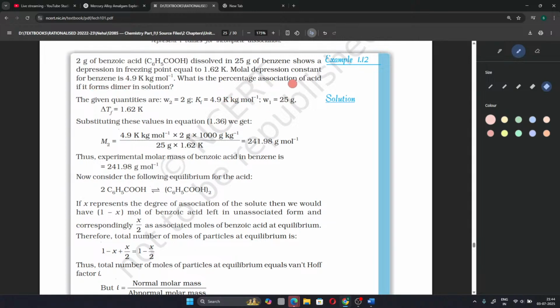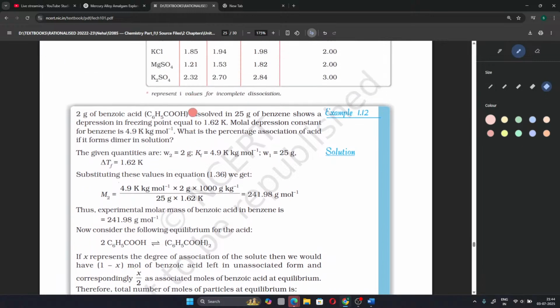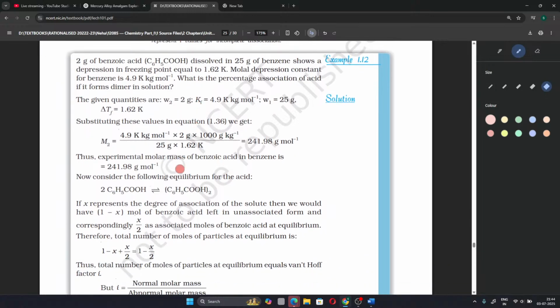What is the percentage of association of the acid if it forms a dimer in the solution? Since it forms a dimer, i should be around 0.5.